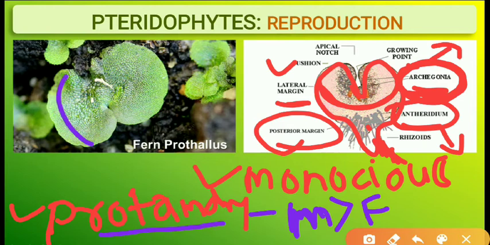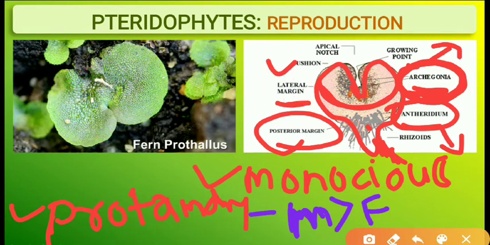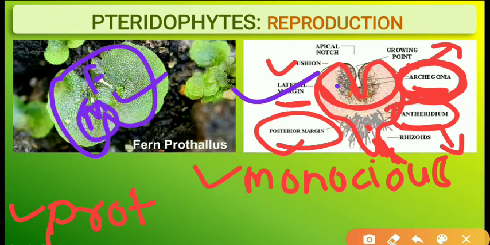Suppose these are two prothallus, this is one prothallus and this is another prothallus. What happens here? The male develops before the female, so the male gamete from this prothallus will go toward the female of the other prothallus.